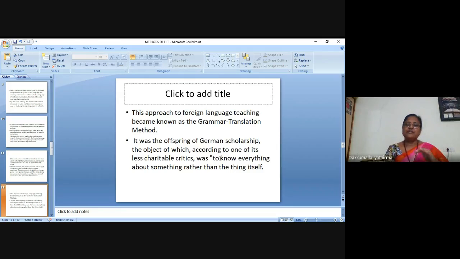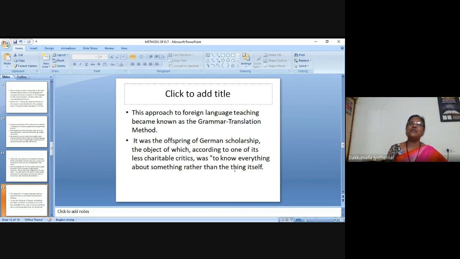See, before we say grammar translation method, it has a long history, spanning centuries, and which gradually developed and settled as the grammar translation method. People say that it was the offspring of German scholarship, the object of which, according to one of its less charitable critics, was to know everything about something rather than the thing itself.